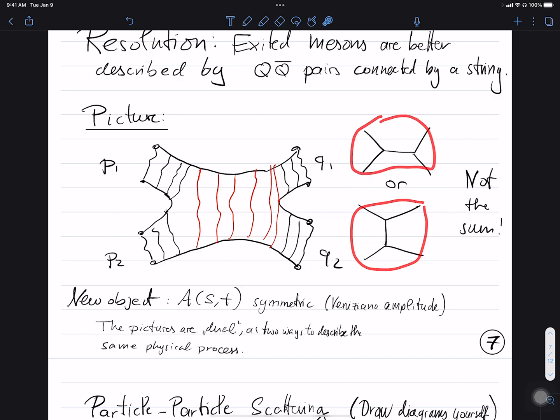So these topologies can't really be summed, but they are rather descriptions that can be chosen. You either choose to do the S channel description or the T channel description here, and they're both equivalent dual descriptions.